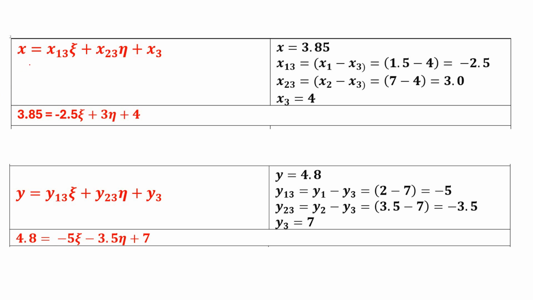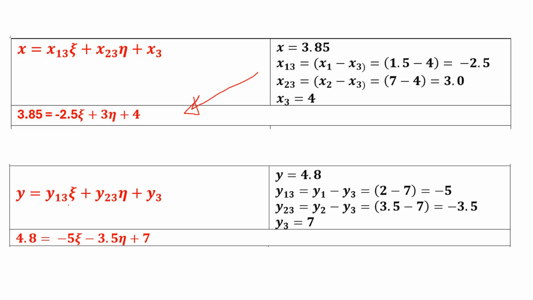So first let us take this equation X equal to X13 psi plus X23 eta plus X3. Substituting the values of X1, X2, X3, you end up with X equal to minus 2.5 psi plus 3 eta plus 4. These calculations yield this equation.